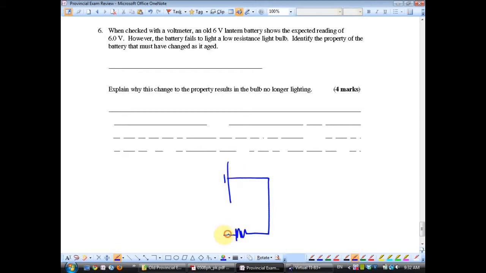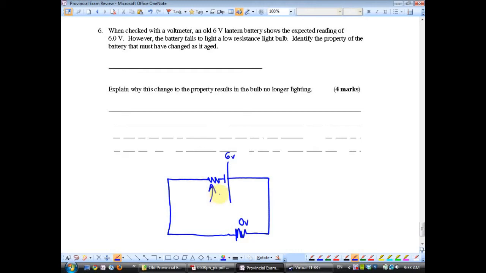Well, there's one more part to this battery. Remember, we said at the very end that batteries have an internal resistance. Normally, before you hook the battery up, since no current is flowing, you don't lose anything through here. But if this is measuring 6 volts from the battery, and we're getting 0 volts here, where must I be losing all my voltage?